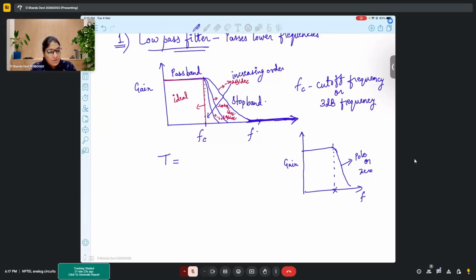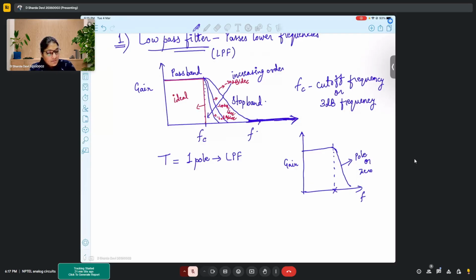What do we need, a pole or a zero to get this behavior? One pole. Pole, right? So I can design a low pass filter by as simple as having a single pole. So one pole can give me a low pass filter. In short, we call it LPF. So a single pole system can be used as a low pass filter, right?